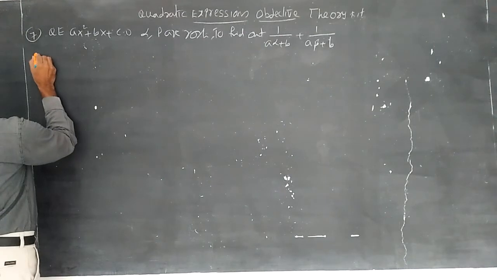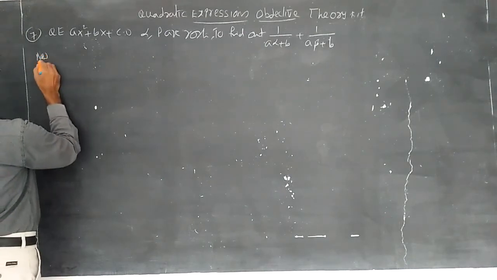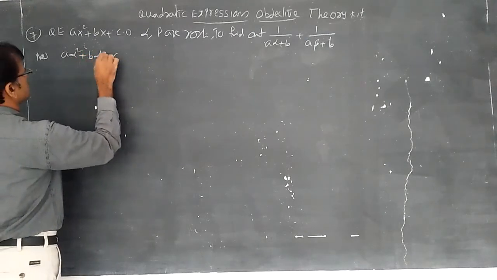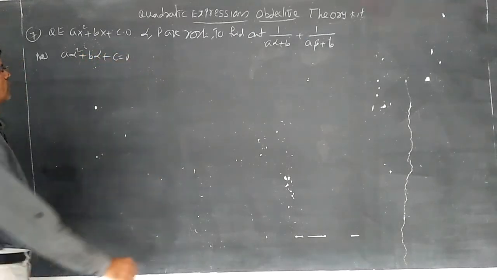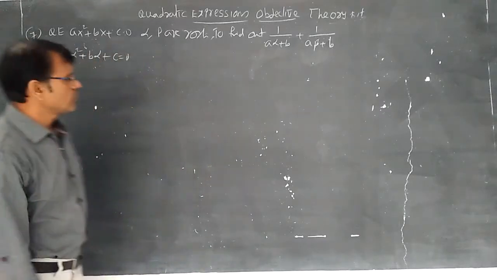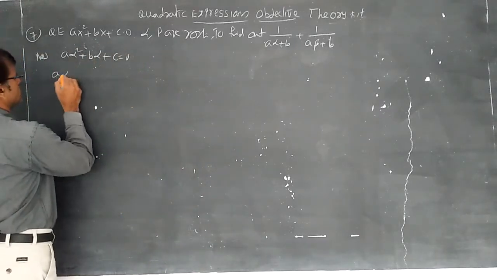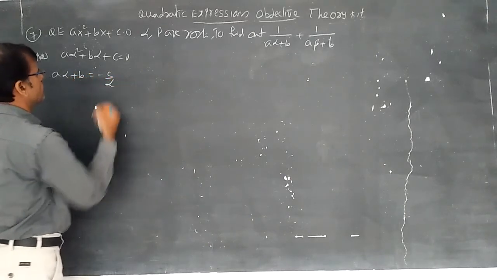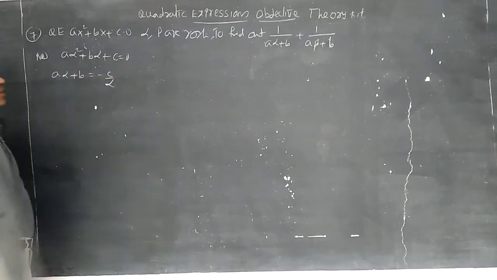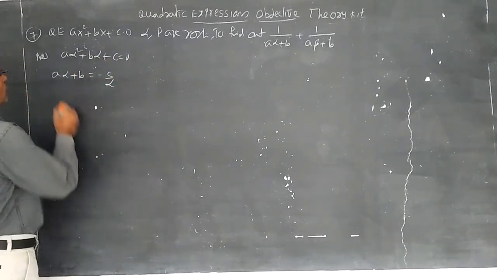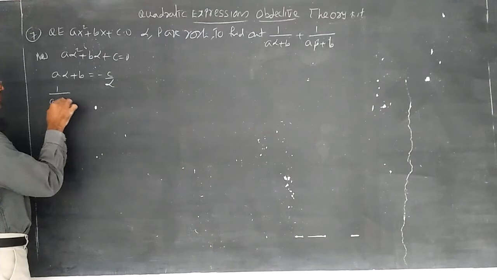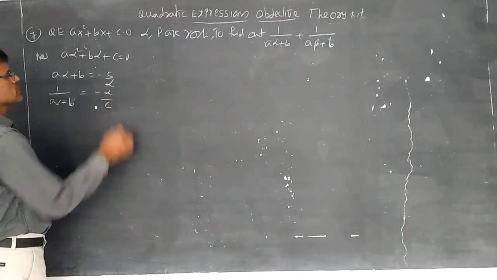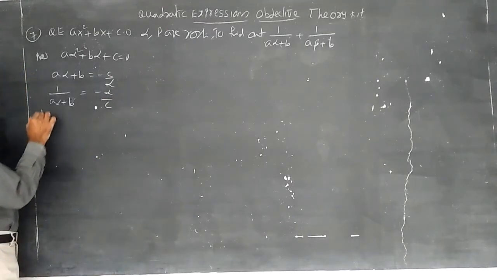Now, since alpha, beta are roots, you can write here a alpha square plus b alpha plus c equal to 0. He is asking about the a alpha plus b concept. So you can write a alpha plus b is equal to minus c by alpha, having divided with alpha. 1 by (a alpha plus b) becomes the reciprocal of this, minus alpha by c.